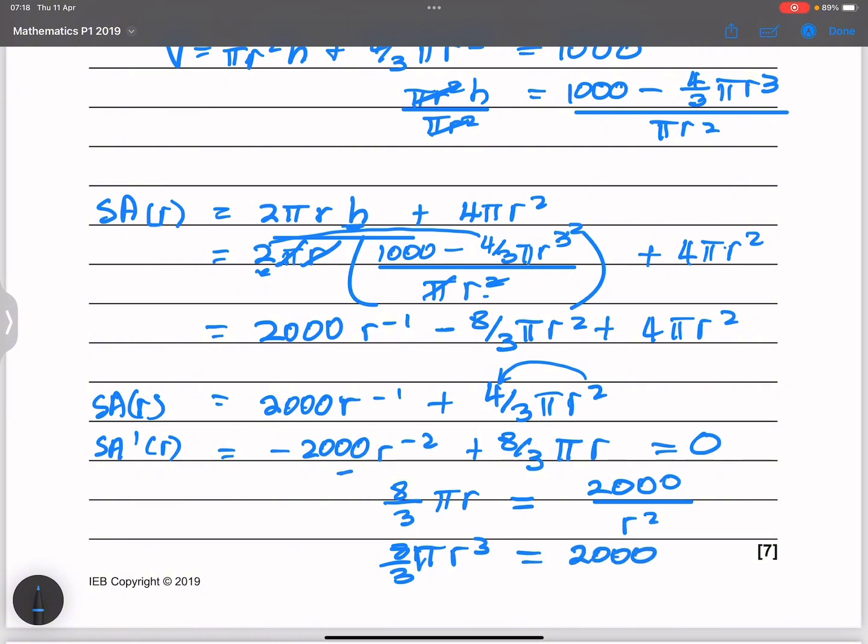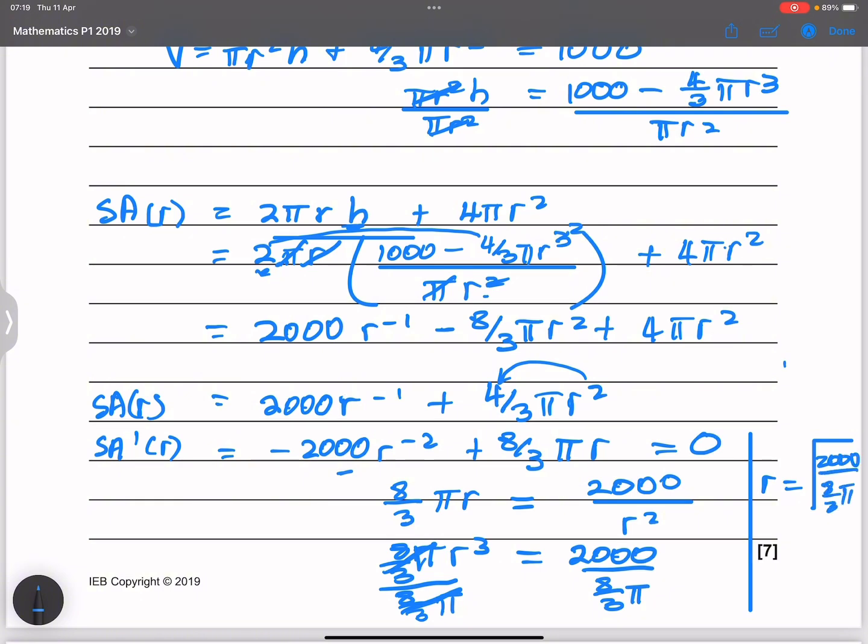Just to make it simpler for ourselves, we'll divide by 8 over 3 pi, that cancels that entire thing. And we're going to take the cube root of that, right? So r, okay, I've run out of space. So r will be the cube root of that entire thing, which is 2000 over 8 over 3 pi.